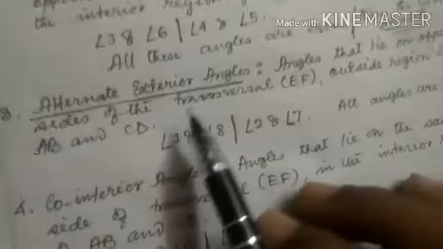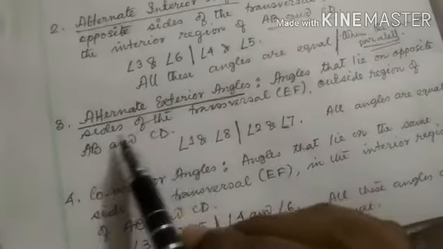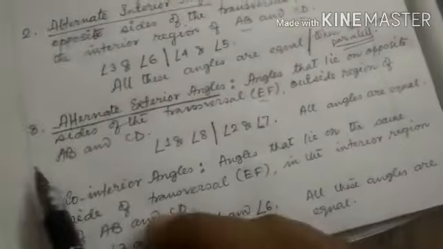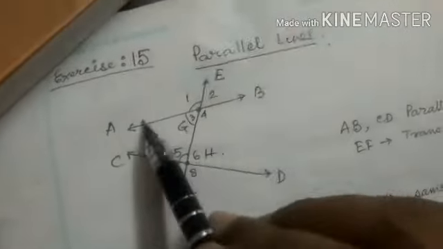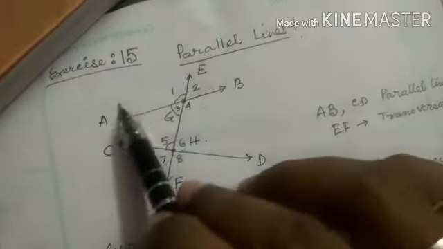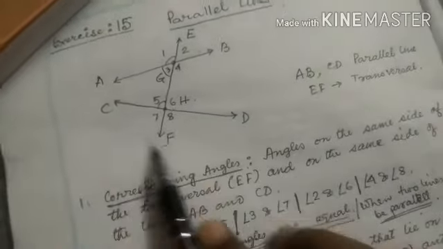Now alternate exterior angles means angles that lie on the opposite sides of the transversal EF in the outside region of AB and CD. The outside region of AB is this portion, and the outside portion of CD is this portion.